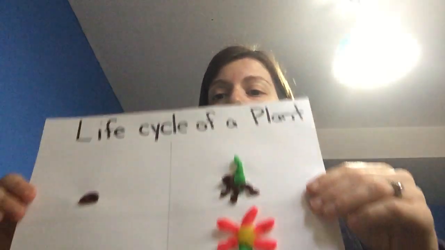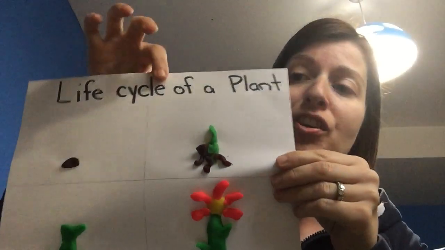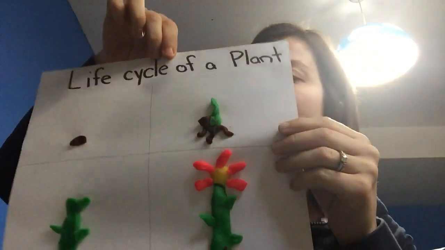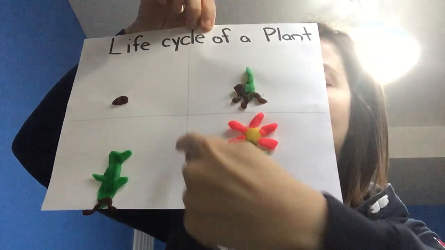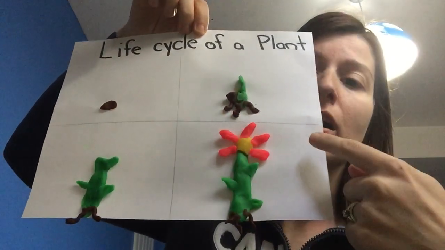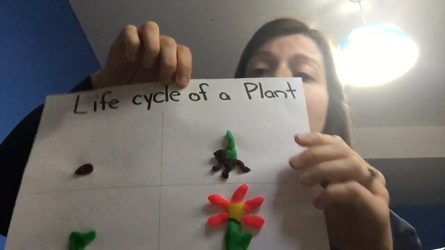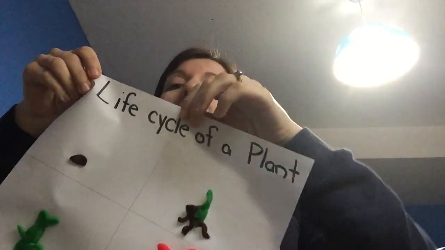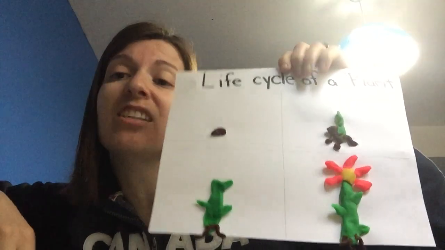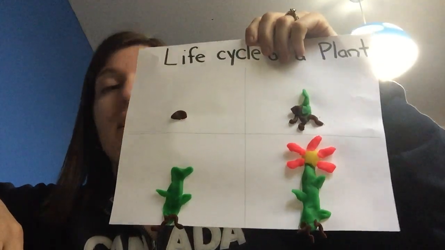So I'm going to show you what I've done so far. I have my paper, and on the top of my paper I wrote life cycle of a plant, and I divided my paper up into 4 squares. You can have more than 4 squares if you would like, but I thought it's easier to just have 4.